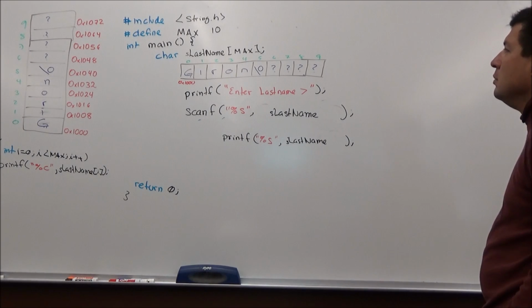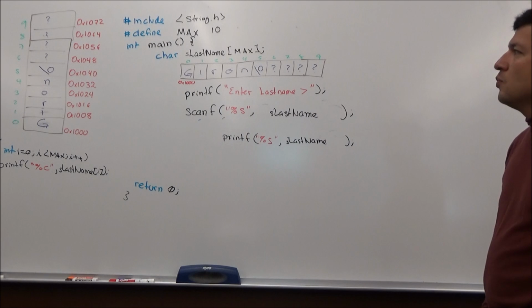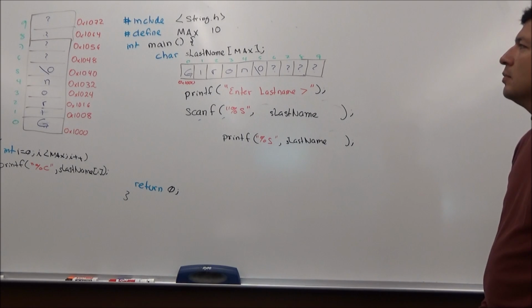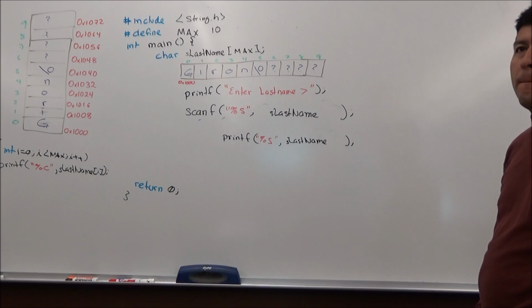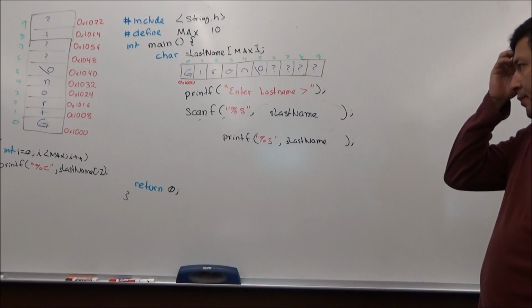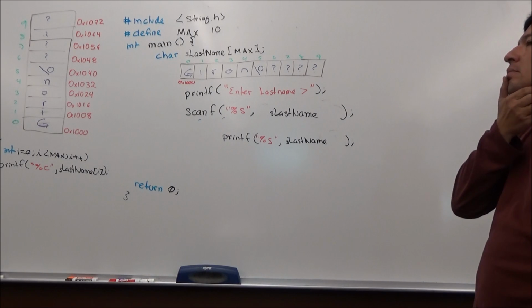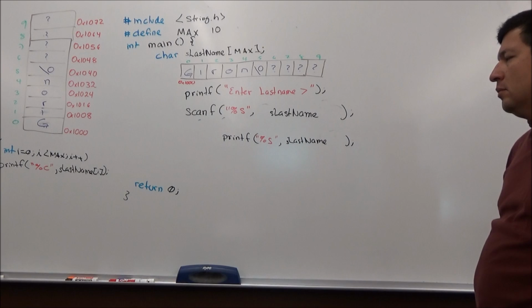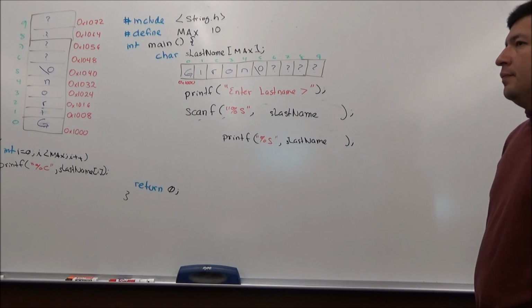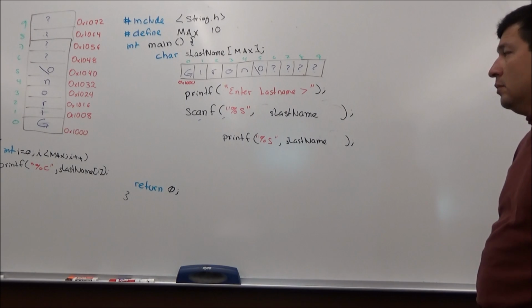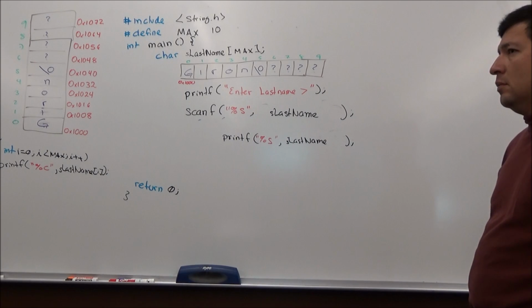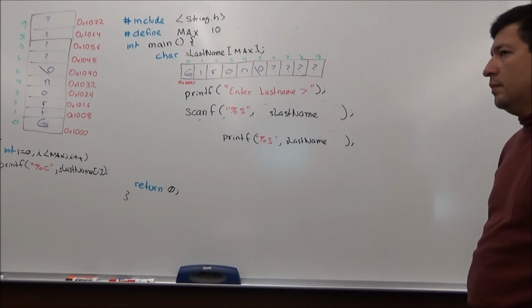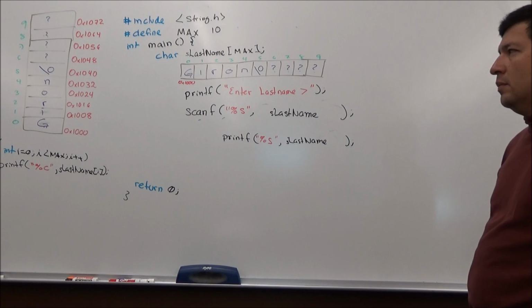So, questions? The for condition inside is gonna start at 0, and then if the integer i is less than the max value, which is 10, it's gonna add one, or it's gonna increment.